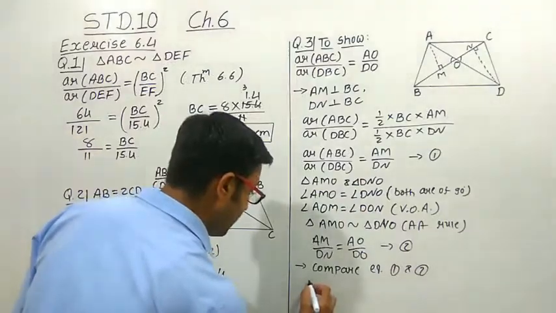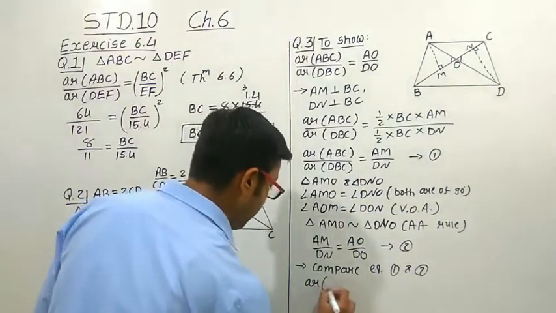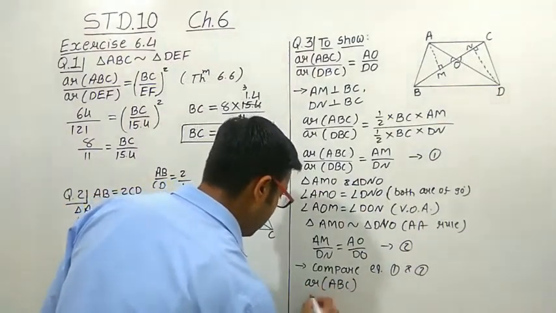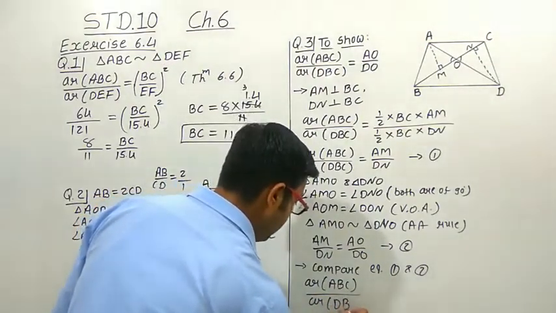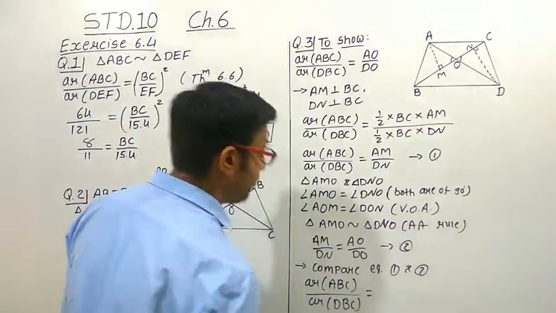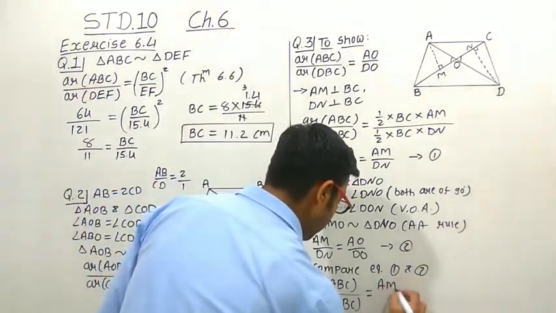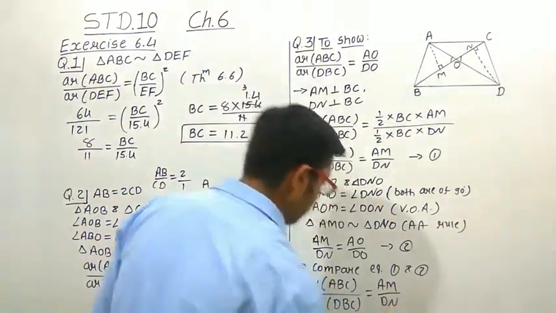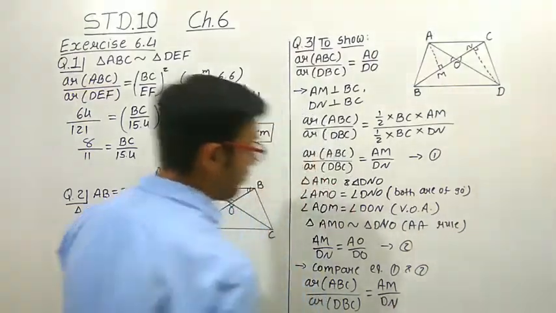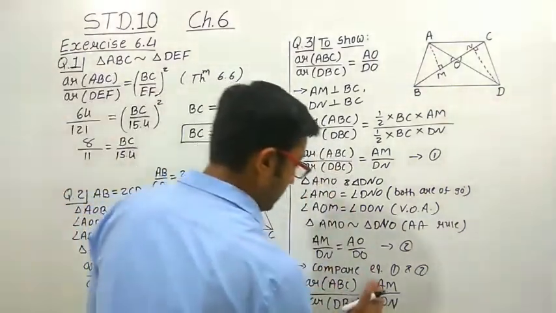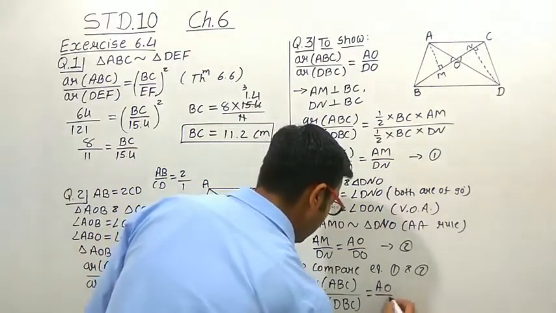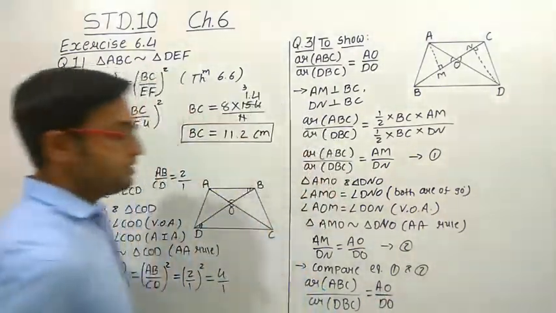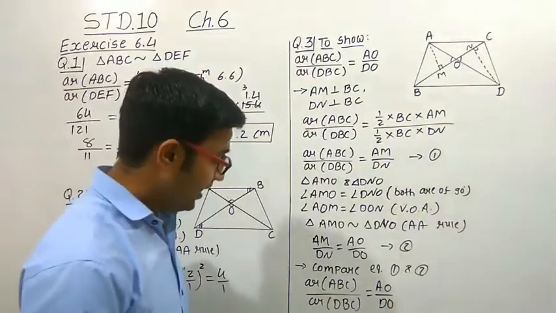That means we can write that area of ABC upon area of DBC is equal to AM upon DN, and that is equal to AO upon DO, which is the required result.